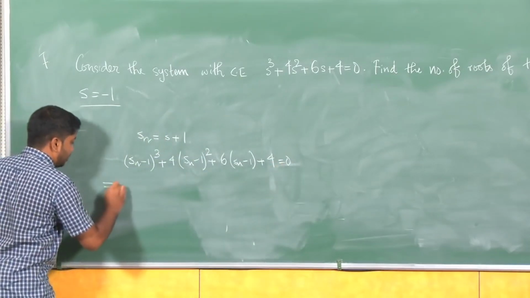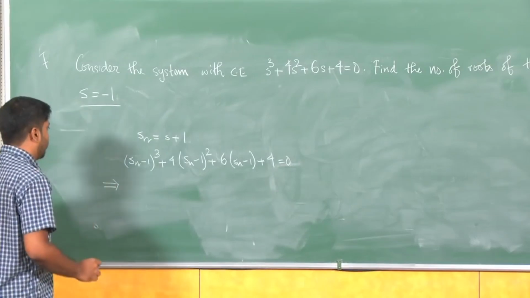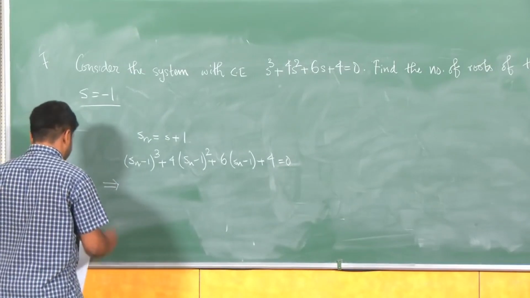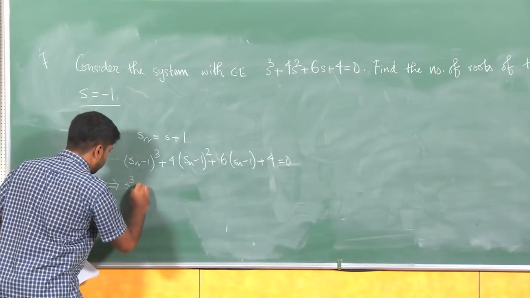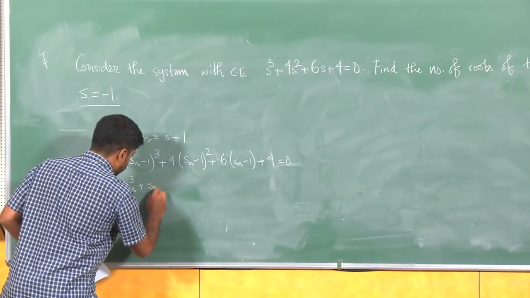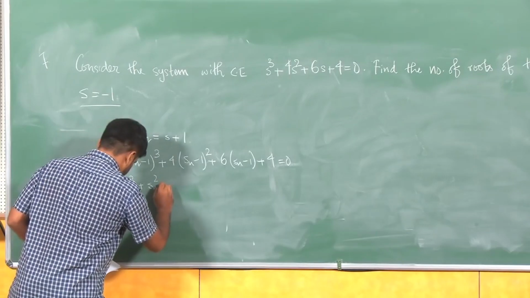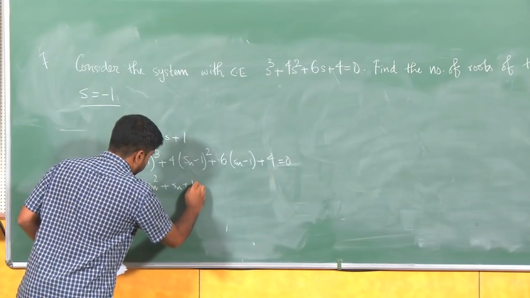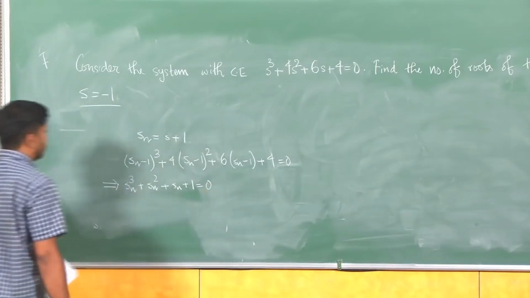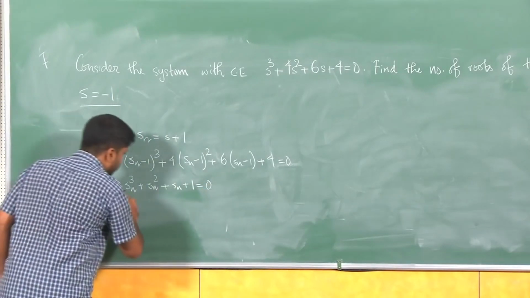If you calculate, you will find that the characteristic equation in terms of s_n will be s_n cube plus s_n square plus s_n plus 1 is equal to 0.